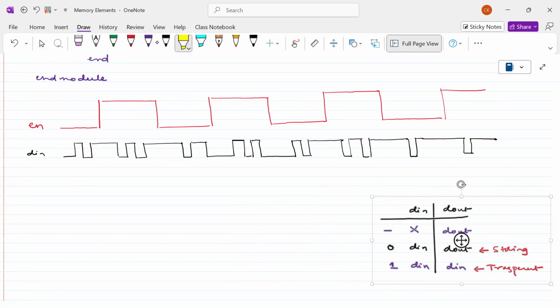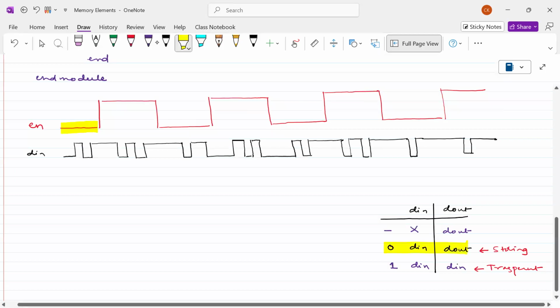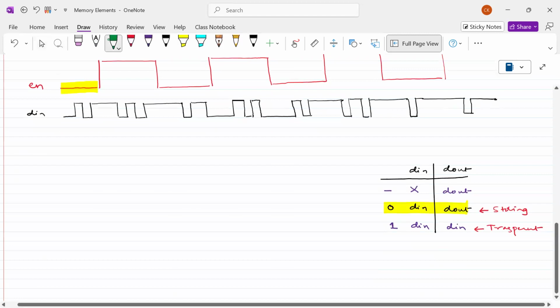What about here? Till this point, the enable signal is 0, so that means it will hold the previous value. Then this value is unknown. Till this point it is unknown.